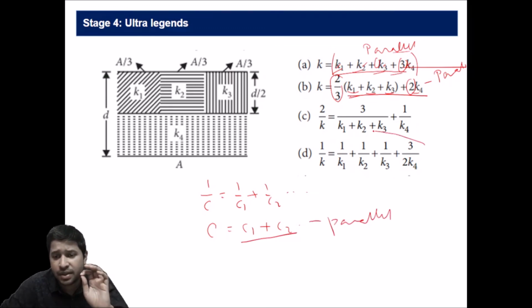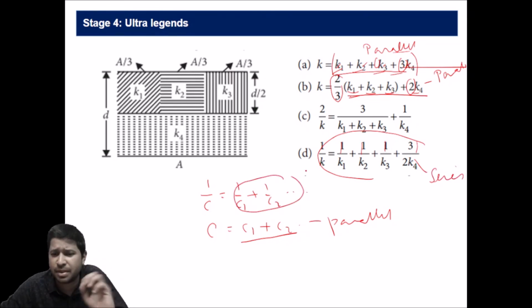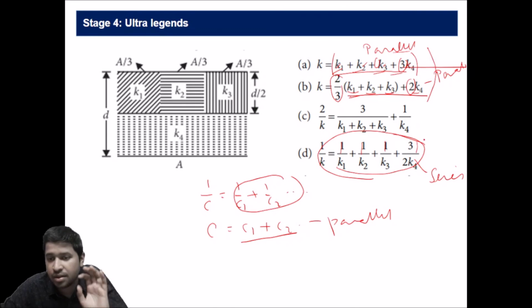And if you concentrate here, this is 1 by A plus 1 by B plus 1 by C plus 1 by D. This is a completely series structure, like 1 by C1 plus 1 by C2 plus 1. So 1 by something plus 1 by something, when you have, they are completely in series. So these two options completely have a parallel structure. The last option is a completely series kind of structure.